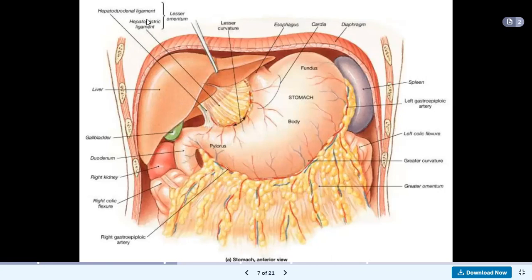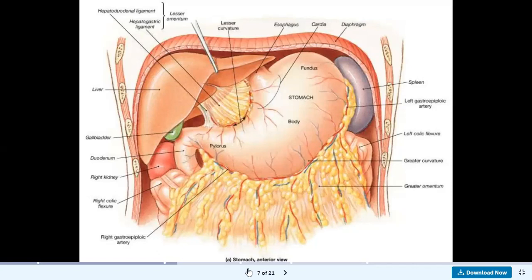So these two ligaments make up what we call the lesser omentum. So this is the lesser omentum here that looks like fats, right? So it is connecting the stomach and the duodenum to the liver. And the two ligaments are the hepatogastric ligament and the hepatoduodenal ligament.